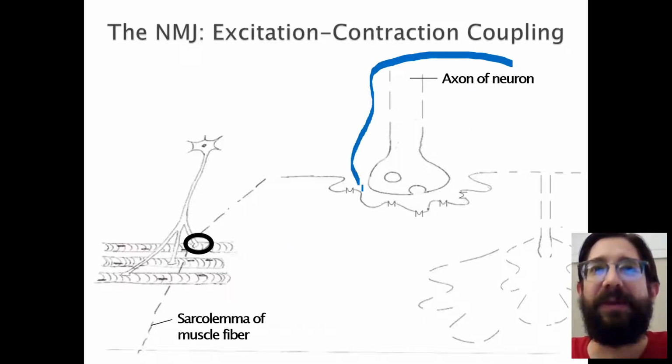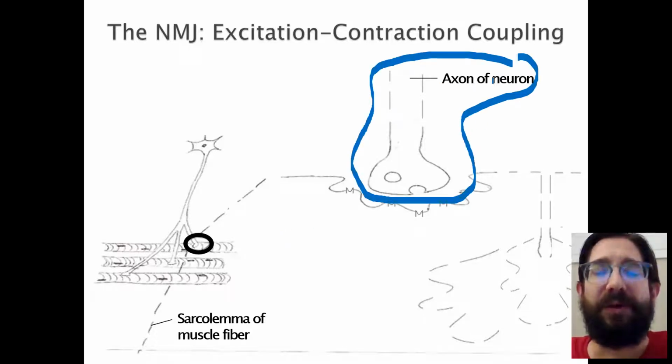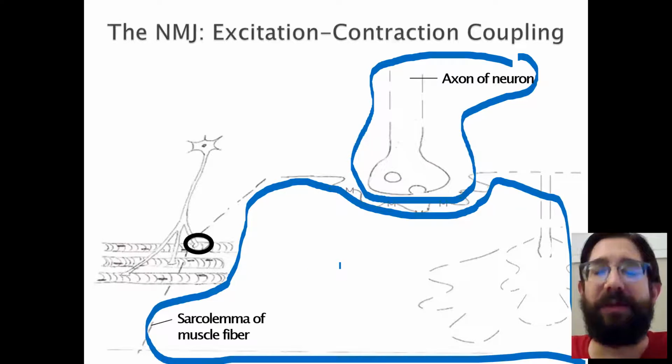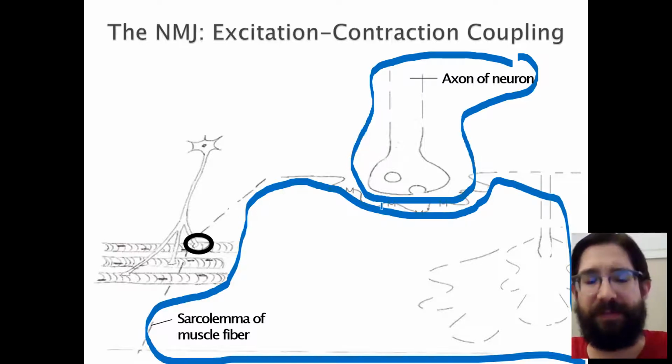At the top of my image, I have a neuron reaching down towards, at the bottom of the image, a skeletal muscle fiber. Now there's a small space in between these called the synapse. So much of what we'll discuss is what's going on at this synapse.